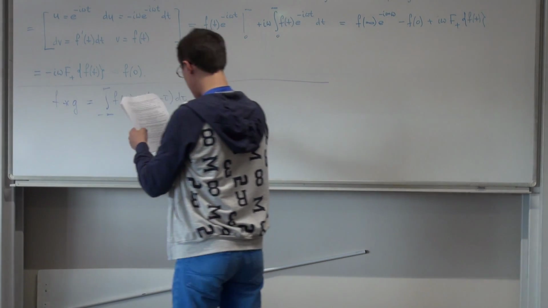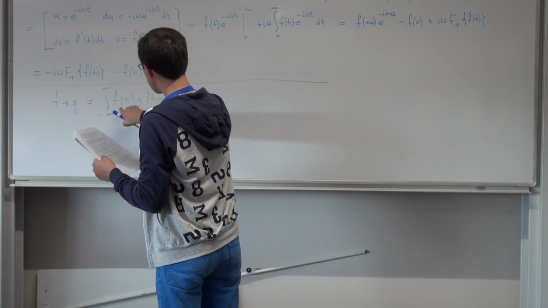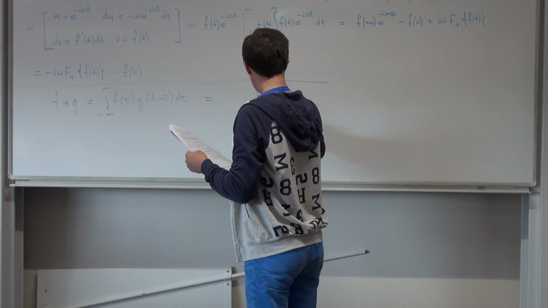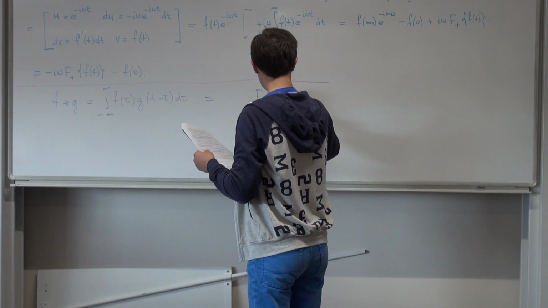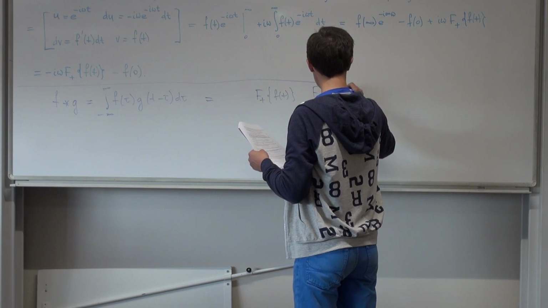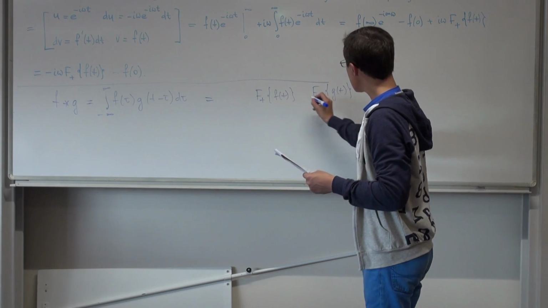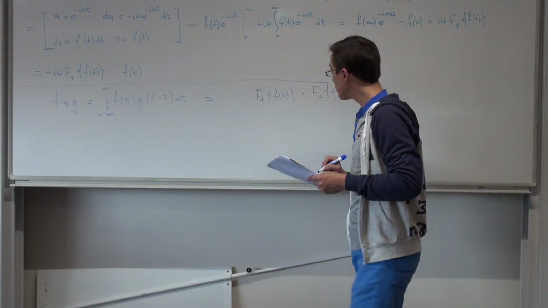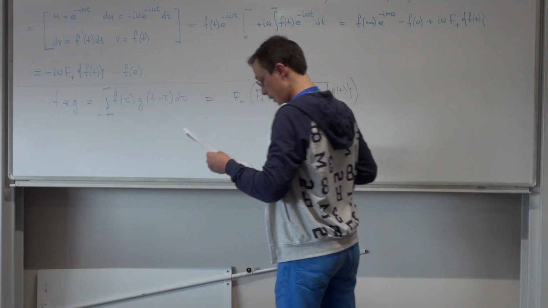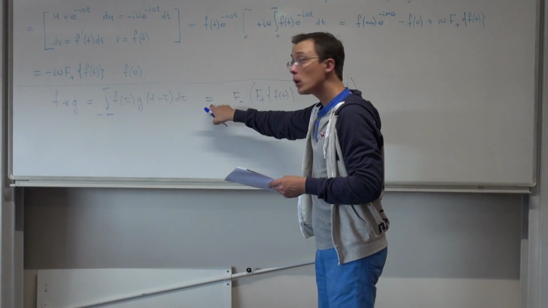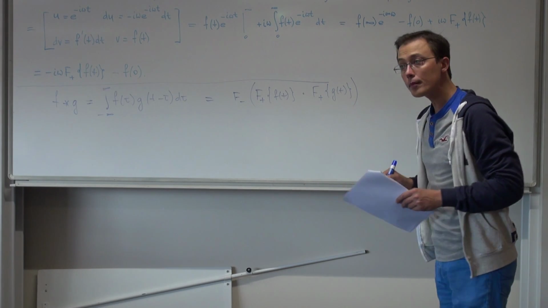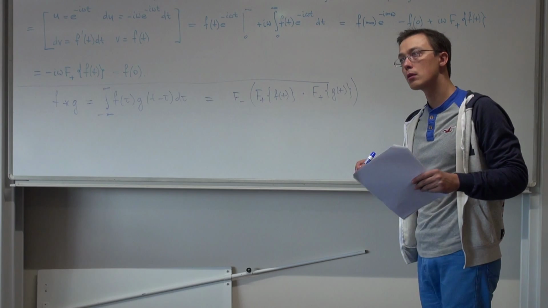And it turns out that if we Fourier transform these functions individually, so F of f of t and F of g of t, if we then just multiply these Fourier transforms and take the inverse Fourier transform of the result, it just happens to be equal to that convolution. Now, not a trivial statement to make, but you can see how it can be extremely useful.